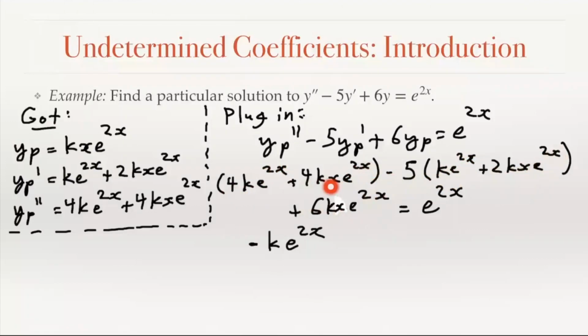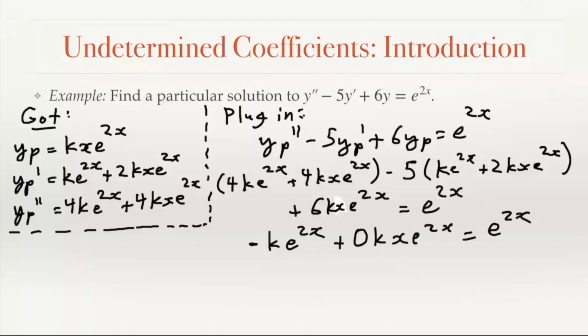And now all x e to the 2x pieces, we have a 4k there, minus 5 times 2k is minus 10k, plus 6k. 4 minus 10 plus 6 is 0, x e to the 2x. And that must be equal to our right-hand side of e to the 2x.